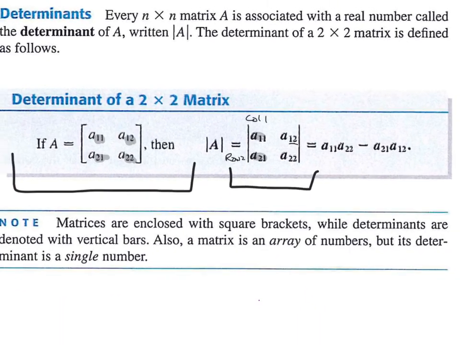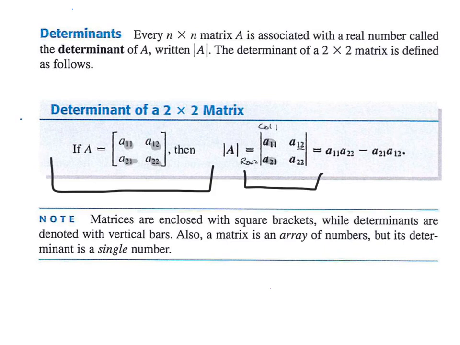So the way that we're going to find the determinant of a 2 by 2 matrix, we're going to do cross products here. So we're going to multiply the first position, row 1, column 1, times row 2, column 2, and get that product.